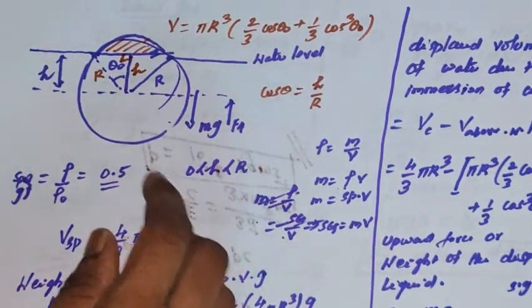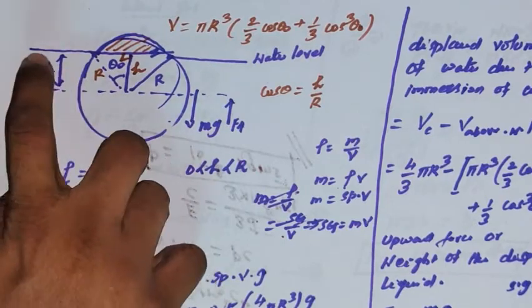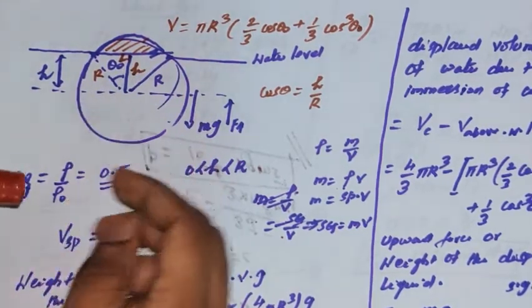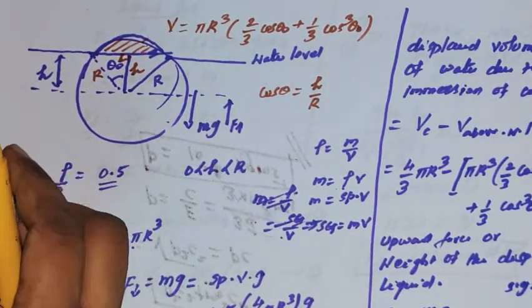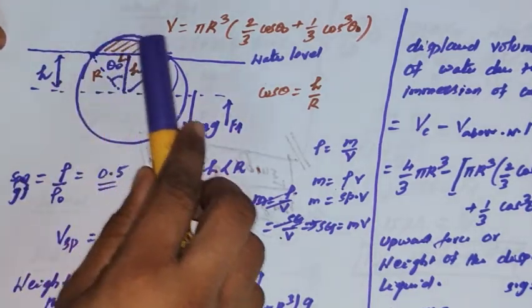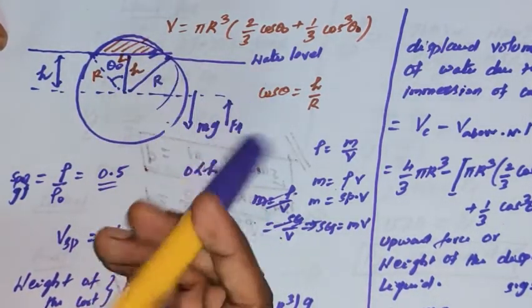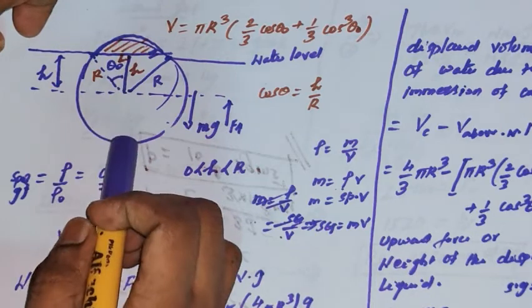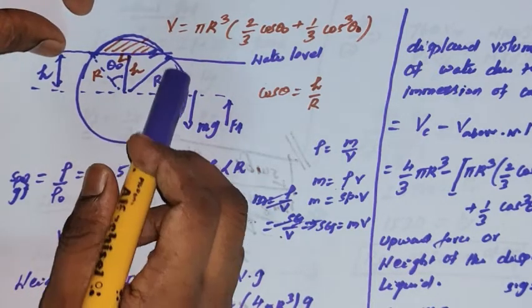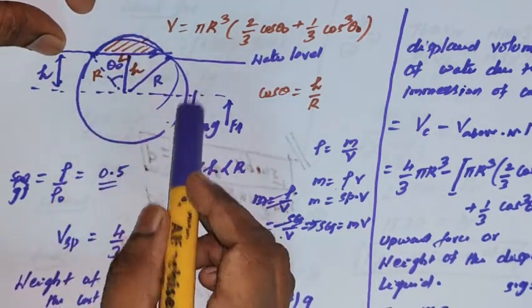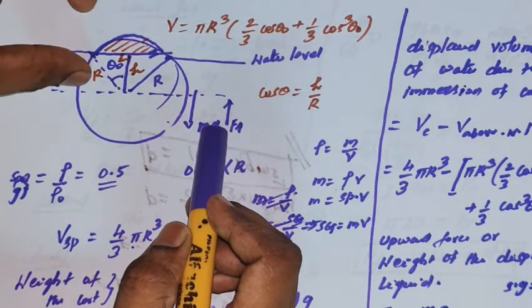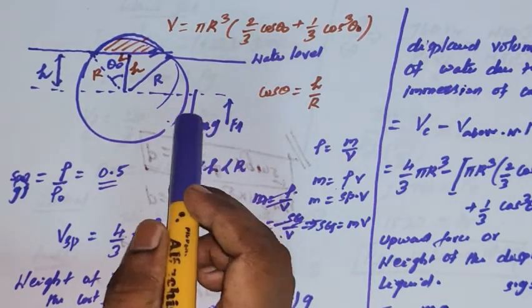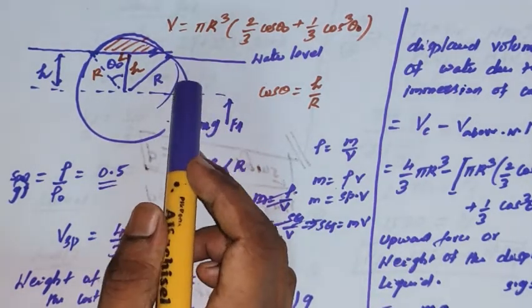In this problem, this is the water level. It's a spherical cork of radius R. It is immersed inside the water due to the downward force acting on the cork, or due to the weight of the cork. Then there is displaced water.